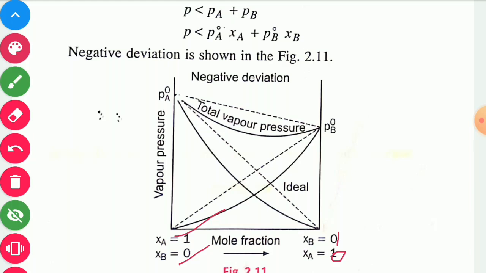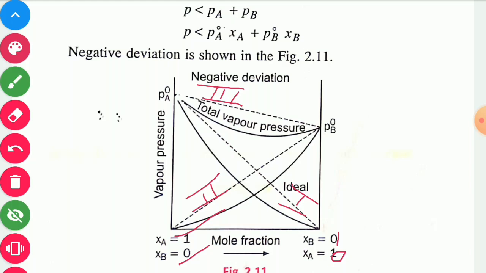Here, this line number second is the partial pressure of one of the components of the solution. This line number 1 is the partial pressure of the next component present in the solution, and the third line indicates the total vapor pressure of the solution.